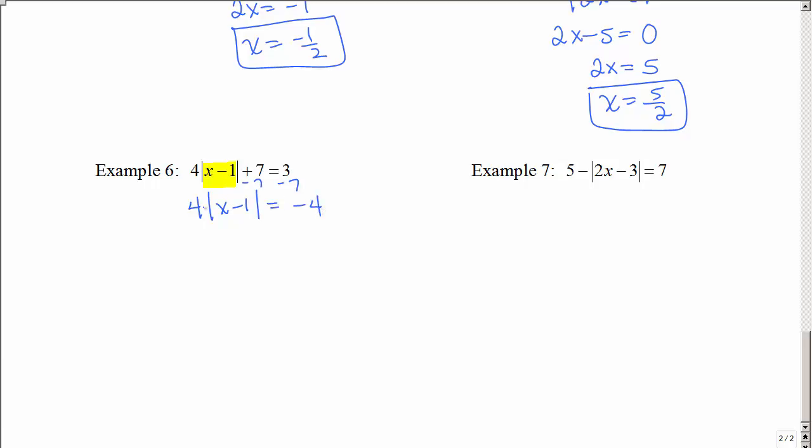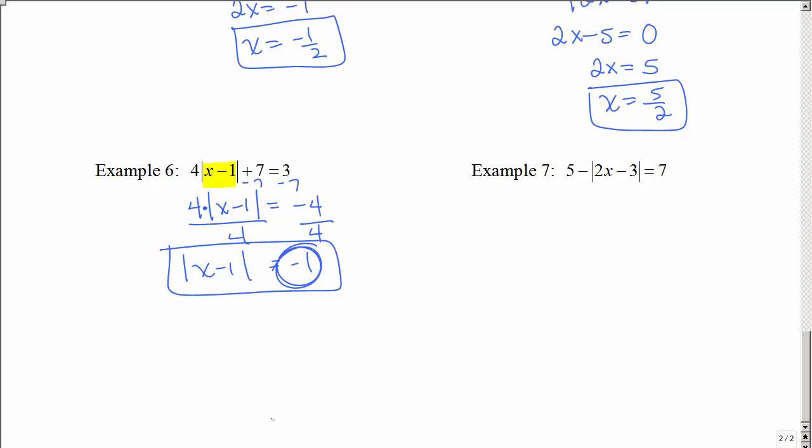Negative 4. Still have to isolate, so I'm going to divide by positive 4. And so I have an absolute value equal to something negative. Not possible. No solution. We have a symbol for that. You can use that symbol for no solution.